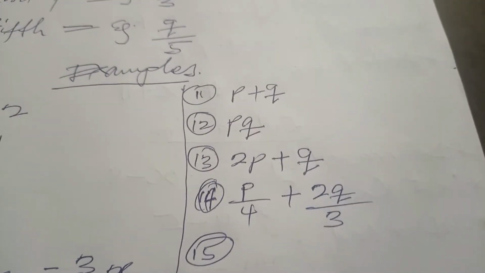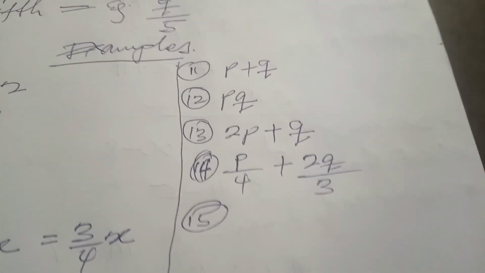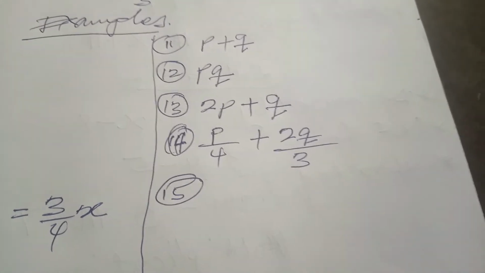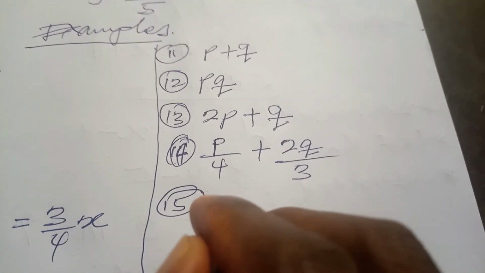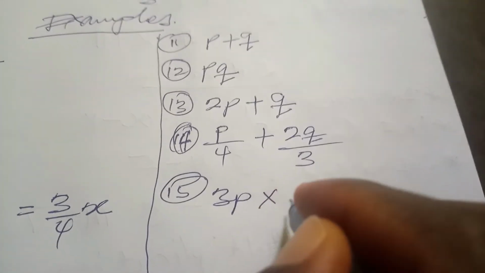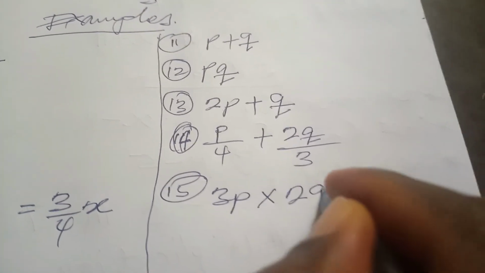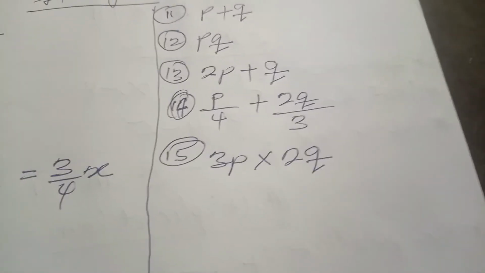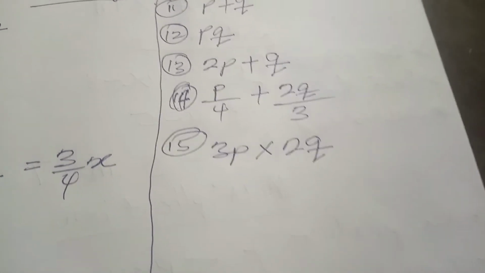Example 15 is product of thrice p and twice q. So this is thrice p, 3 times p, which is 3p. Product means times, then twice q, which when we simplify it will give us 6pq.